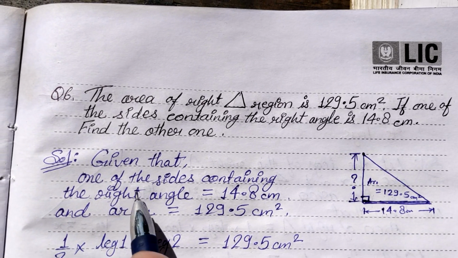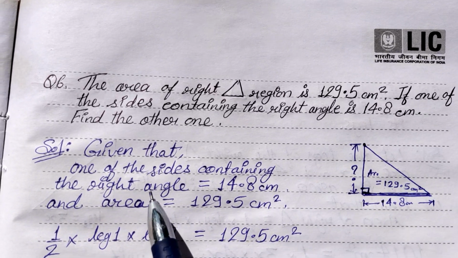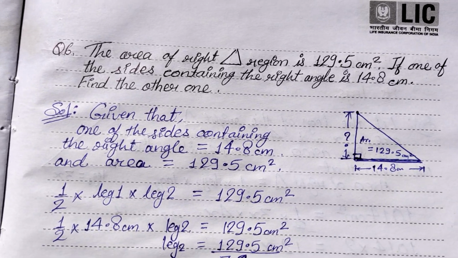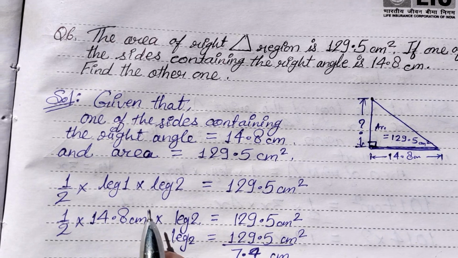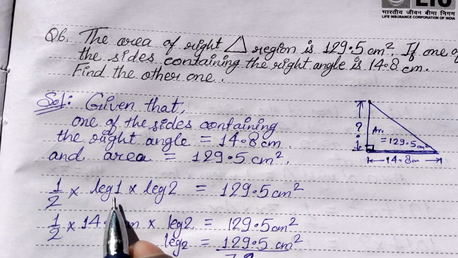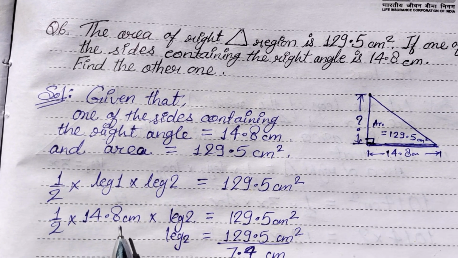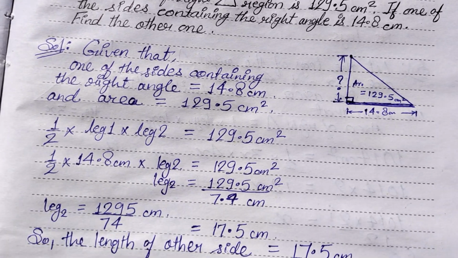Given that one of the sides containing the right angle is equal to 14.8 centimeter, one of the sides is given and area is given. Now we know that area of right triangle is equal to 1 by 2 into leg 1 into leg 2, or say product of its legs. So here we have leg 1 is equal to 14.8 centimeter and we have to find the length of the other leg. So let the other leg be leg 2.